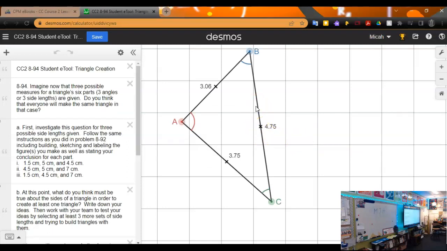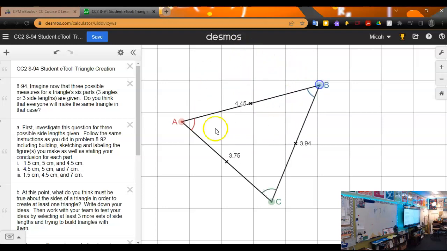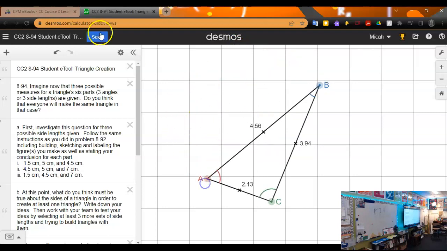It's not a Desmos activity where I'm tracking you step by step. This is a free Desmos workspace where you can do whatever you want. I'm not tracking your progress, but you can save these things.